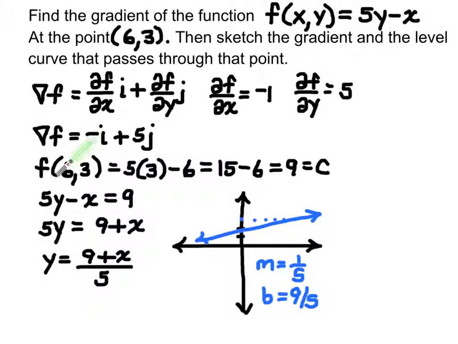The i component, which is -1, and the j component, which is 5, tell us the direction that the gradient is pointing. So if we come down to here and say we're at this point, the gradient is going in this direction, and we'll use green, because it's going 1 unit to the left and 5 units up.